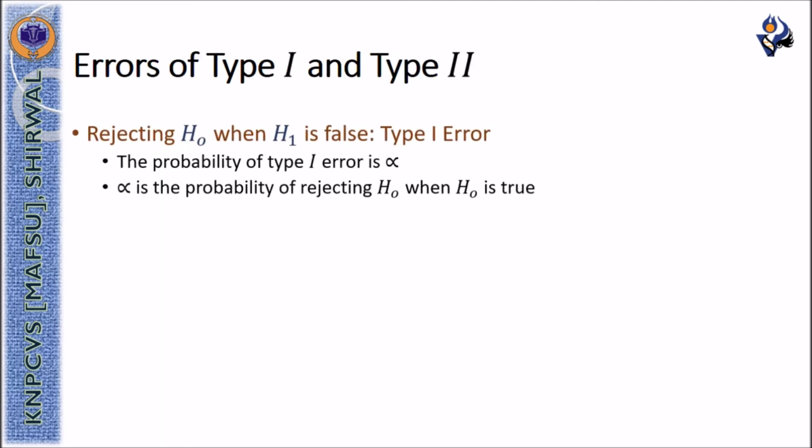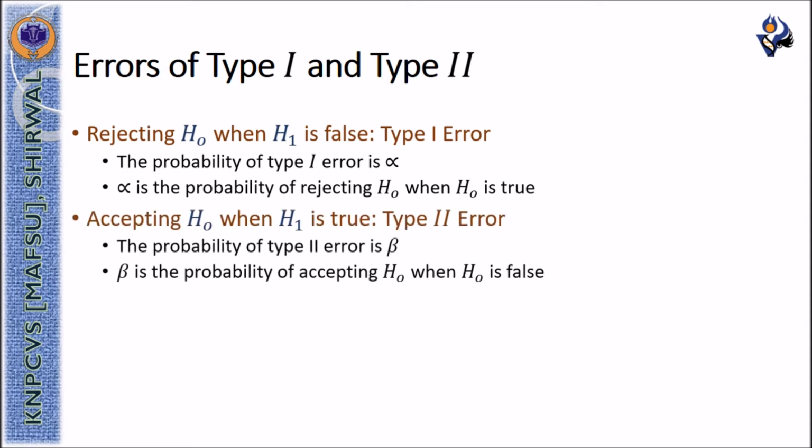Now, if we are rejecting the null hypothesis when it is true, we are committing a type 1 error. The probability of type 1 error is alpha. Alpha is the probability of rejecting the null hypothesis when the null hypothesis is true.